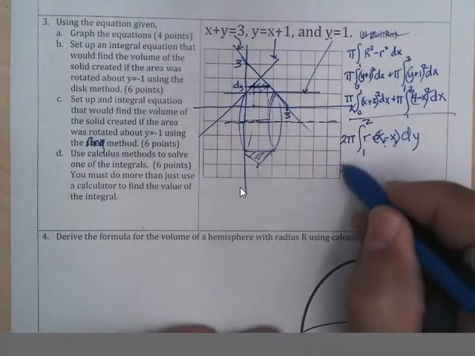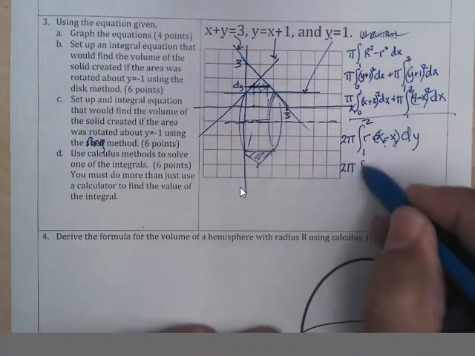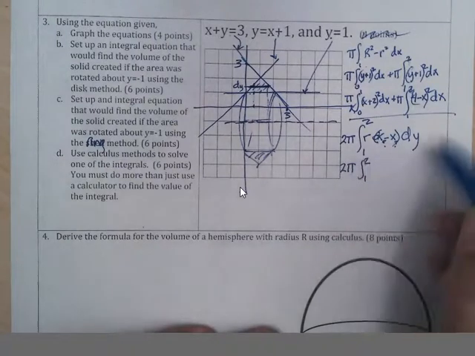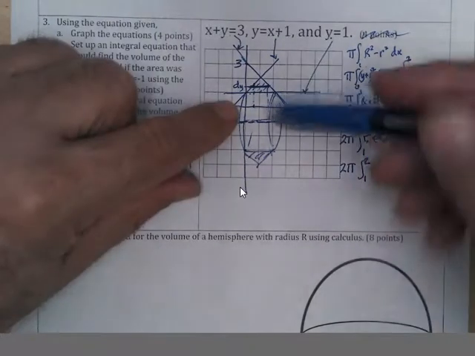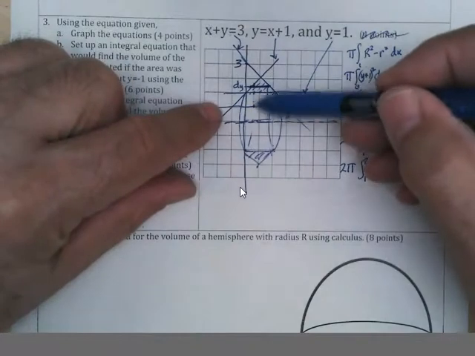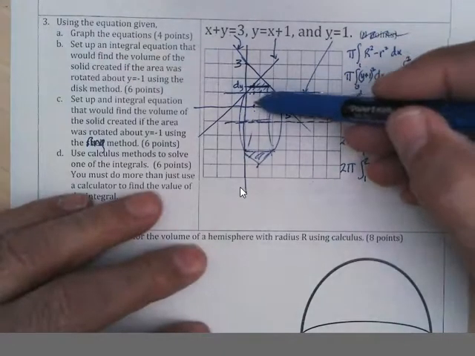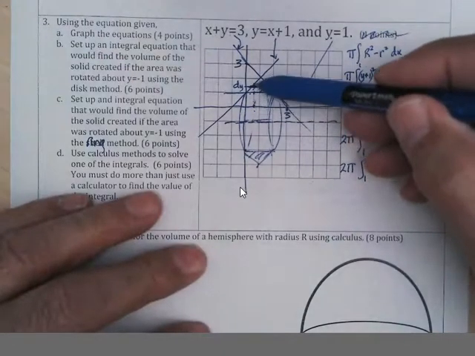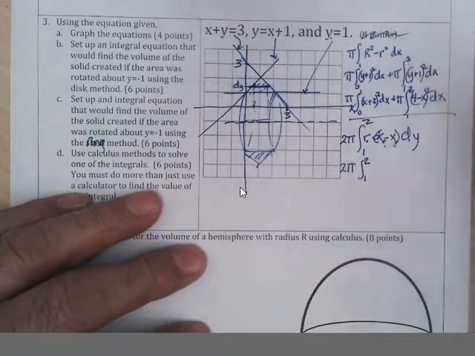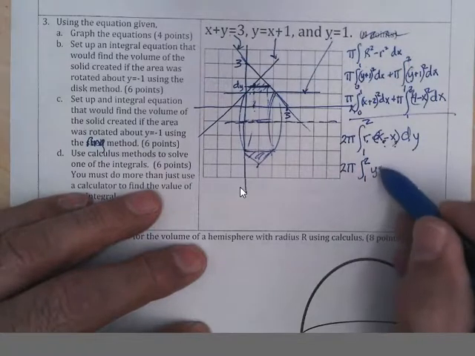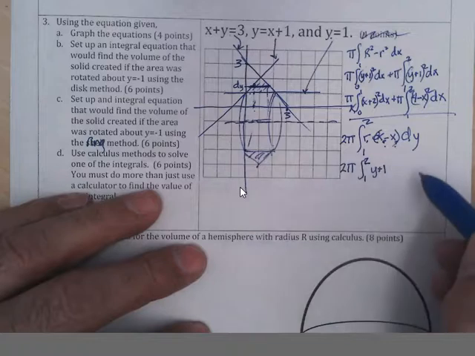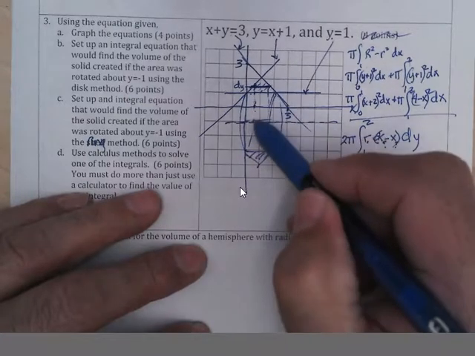So we're going to have 2 pi integral from 1 to 2 of r. The radius of this ring is the y value plus 1 more. That's the radius of the ring.